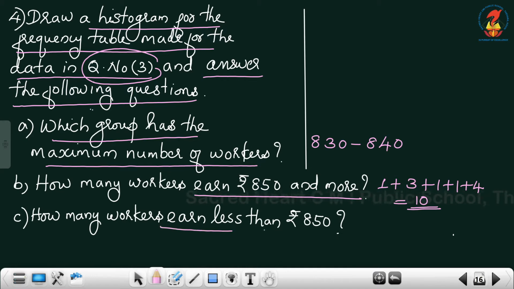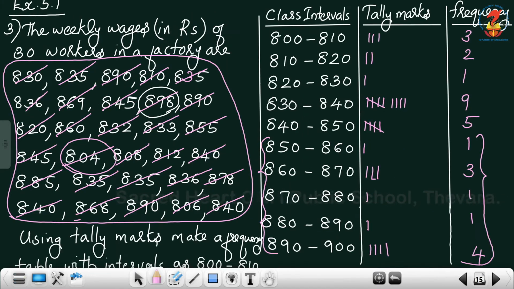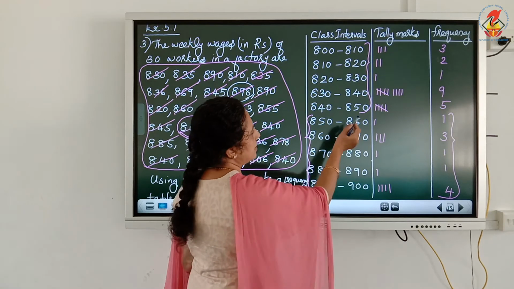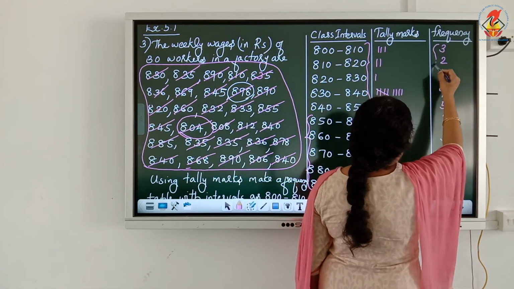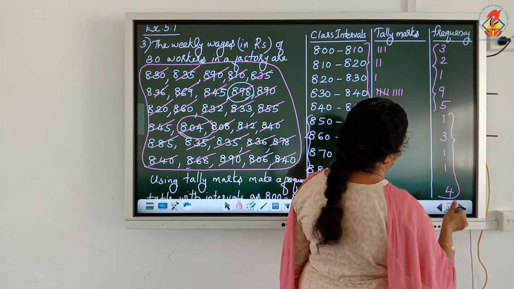Now how many workers earn less than 850? Look at these class intervals, that means the wages below 850. The corresponding frequencies are 3, 2, 1, 9 and 5.